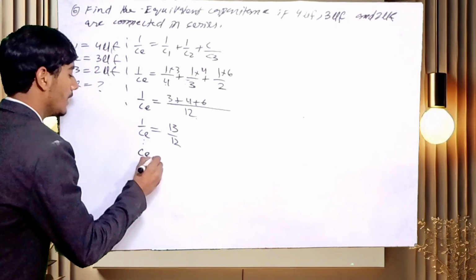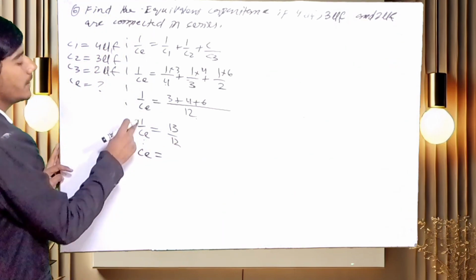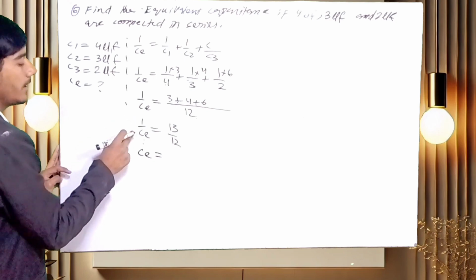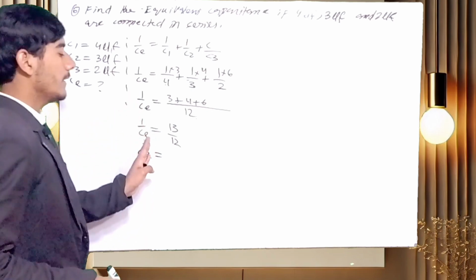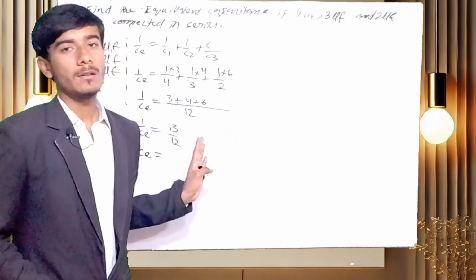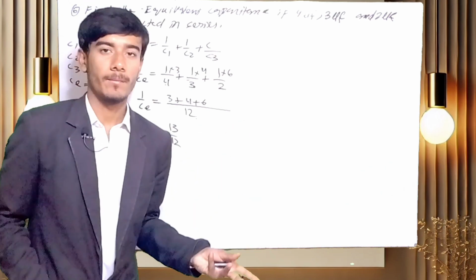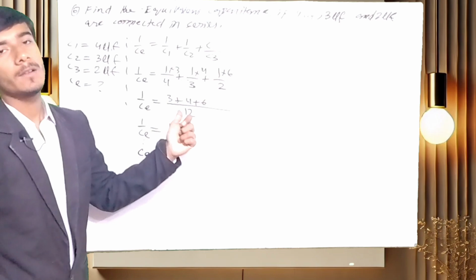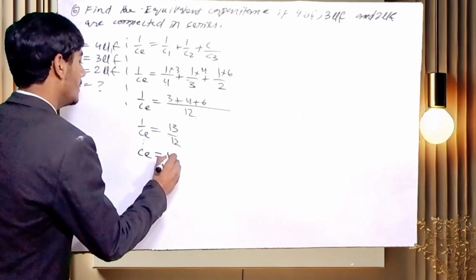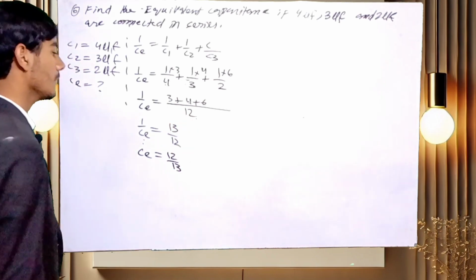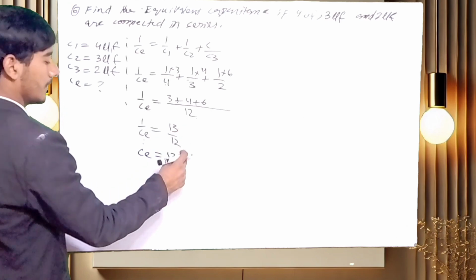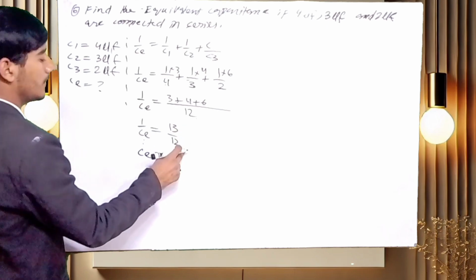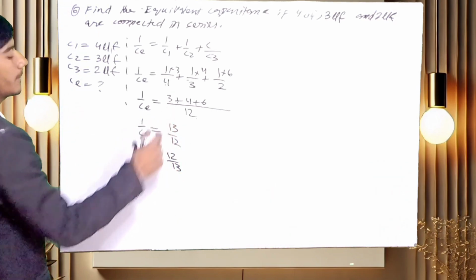So CE is equal to 12 divided by 13, because the numerator is converted into denominator and the denominator into numerator on the right side as well.